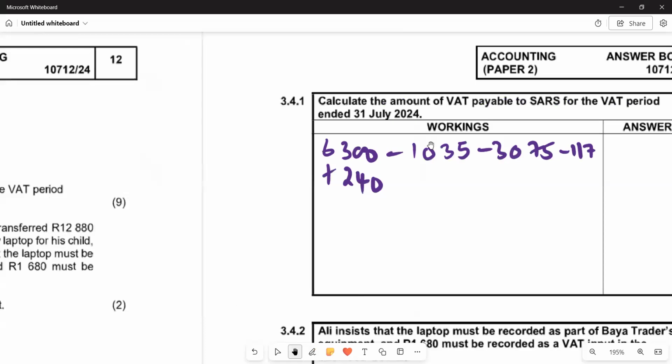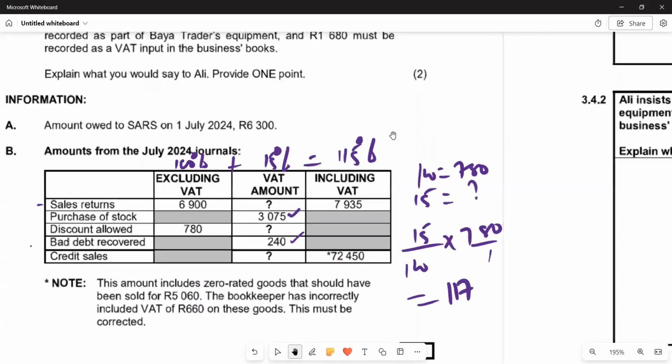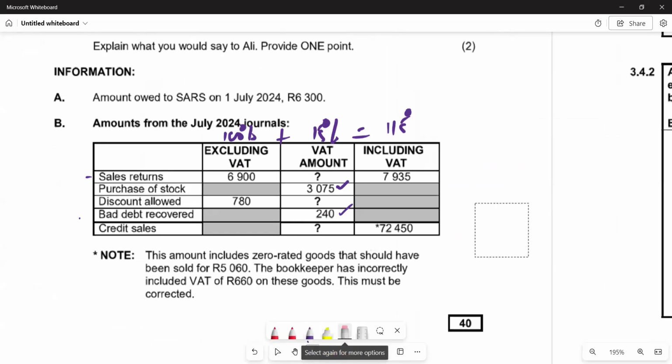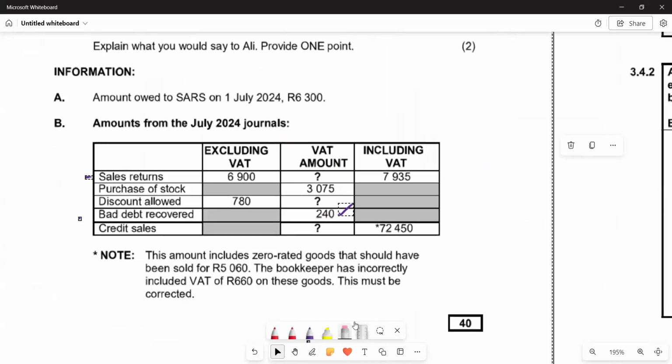Then we go to the next item, which is the last one, which is credit sales. We are told that inside the credit sales, that's where we are going to have zero rated goods that we are having there. So we can first remove the zero rated value, and then calculate the one that we are given. So let's just try to see.